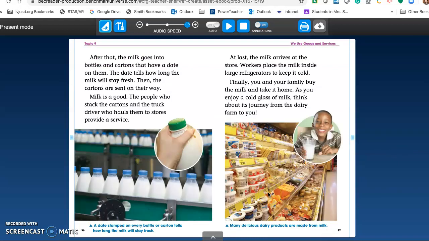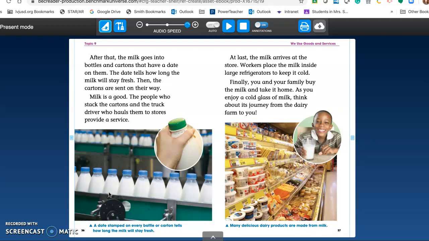After that, the milk goes into bottles and cartons that have a date on them. The date tells how long the milk will stay fresh. Then the cartons are sent on their way. Milk is a good. The people who stack the cartons and the truck driver who hauls them to stores provide a service. A date stamped on every bottle or carton tells how long the milk will stay fresh.